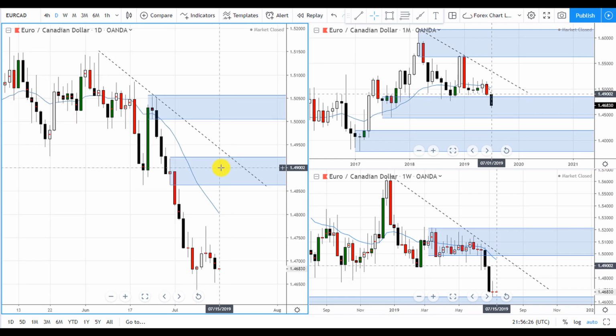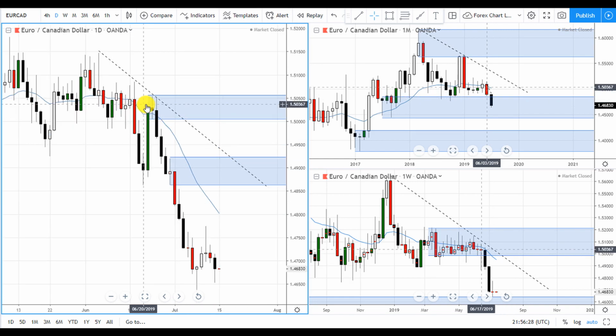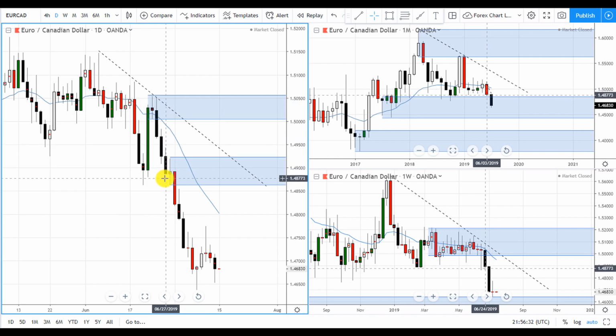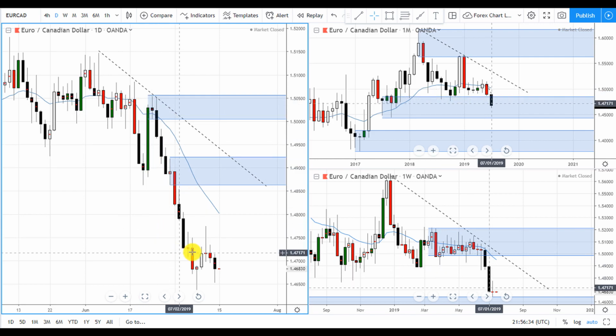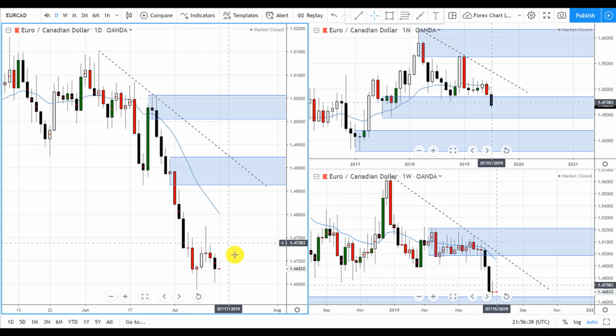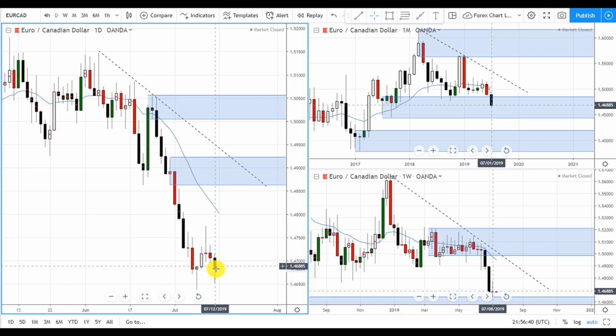But one thing I want to point out to you is that from this peak, it dropped, based, dropped, based, dropped. So it's overextended. So we do not want to continue to short.